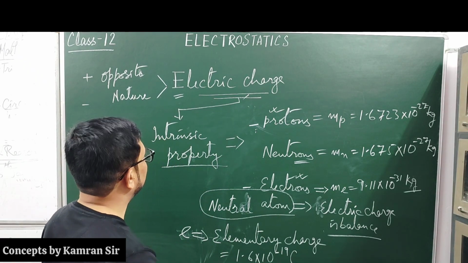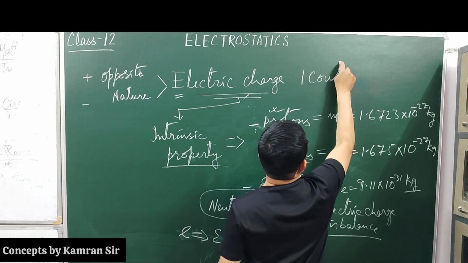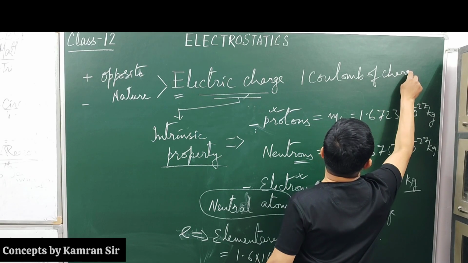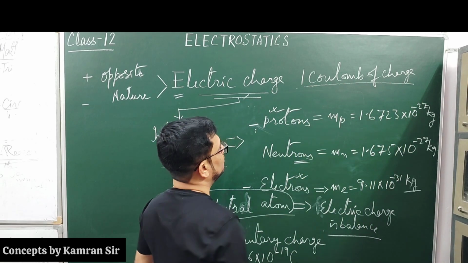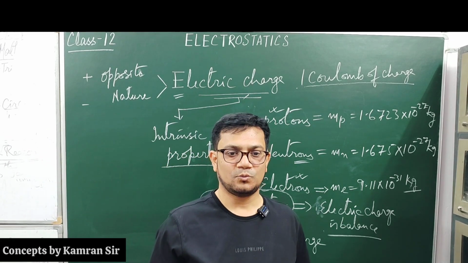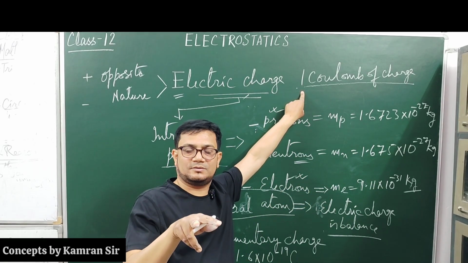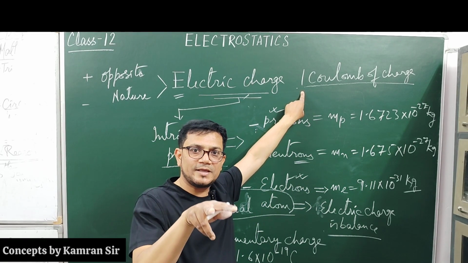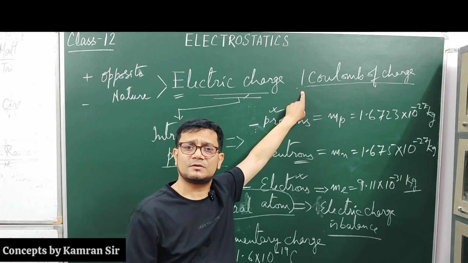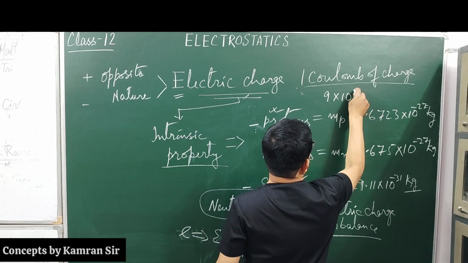Let's understand that as well. 1 coulomb of charge is that amount of charge where, when two similar particles carrying it are placed with a separation of 1 meter, they experience a repulsive force of 9 times 10 raised to the power 9 Newton.